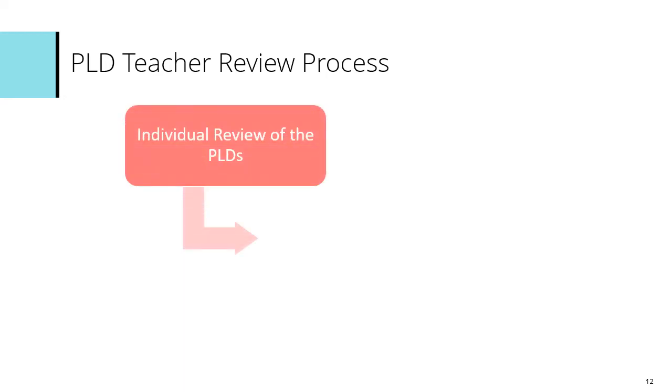There are 3 steps in completing this teacher review of the PLDs. During the next 2 weeks, you will be asked to complete an independent review of the draft PLDs for a set of grades. We will discuss how you do that review in a little while.